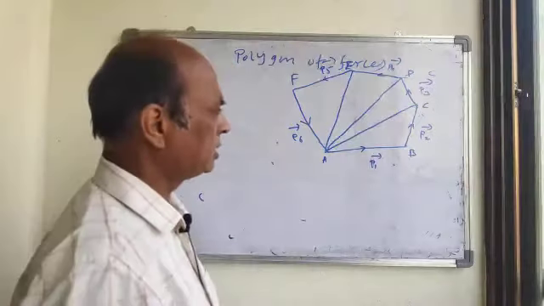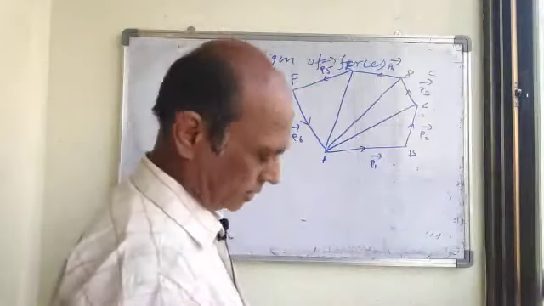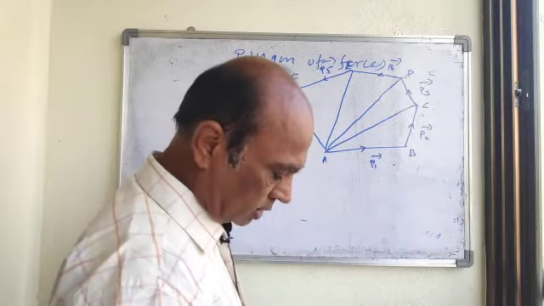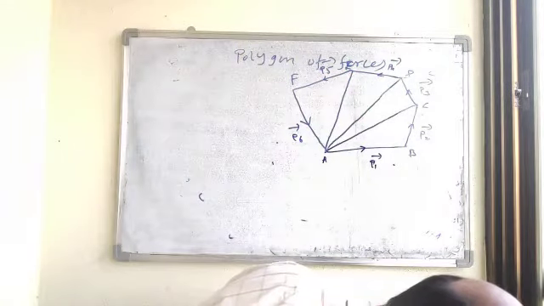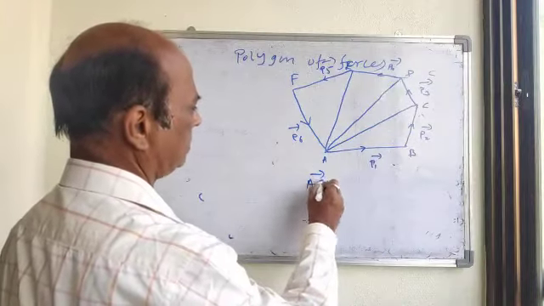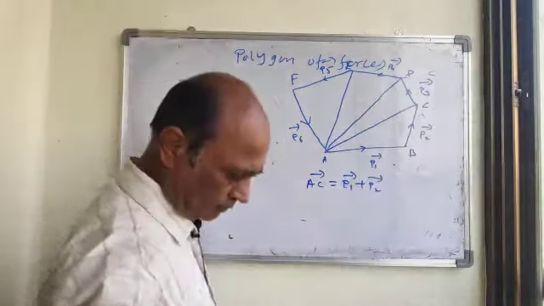Now here, the resultant of P1 bar and P2 bar by the law of parallelogram of forces is represented by this AC bar. So here we can write this AC bar is equal to P1 bar plus P2 bar.